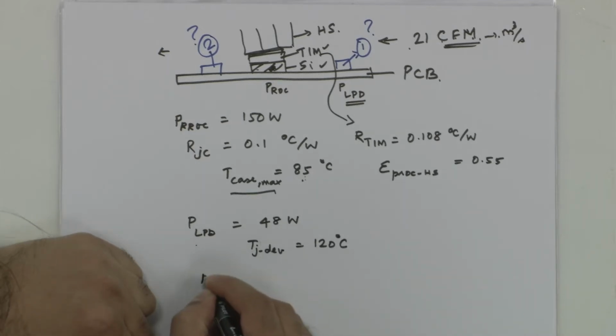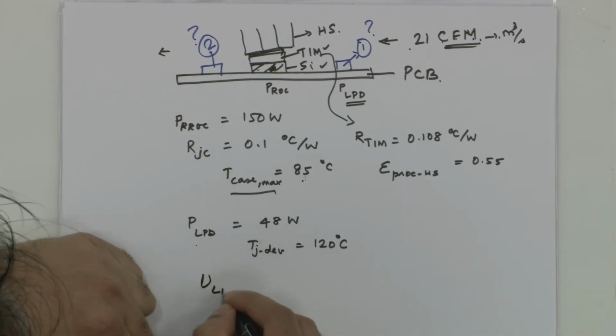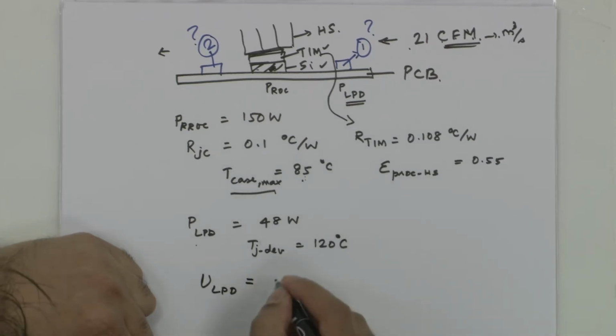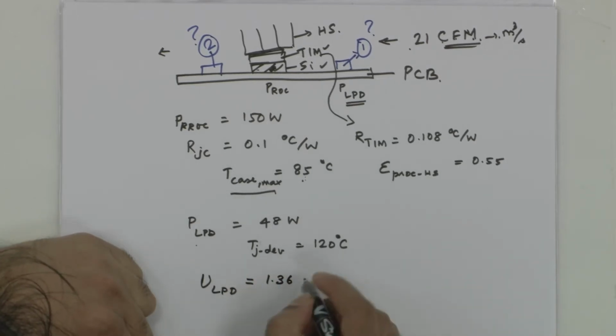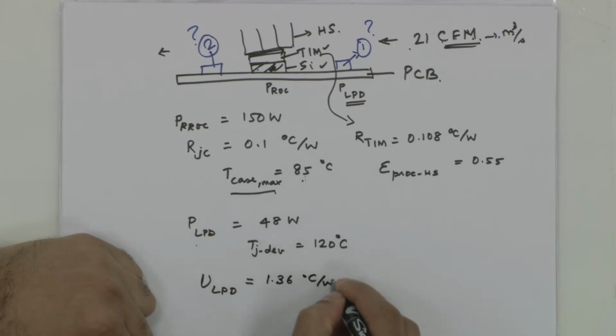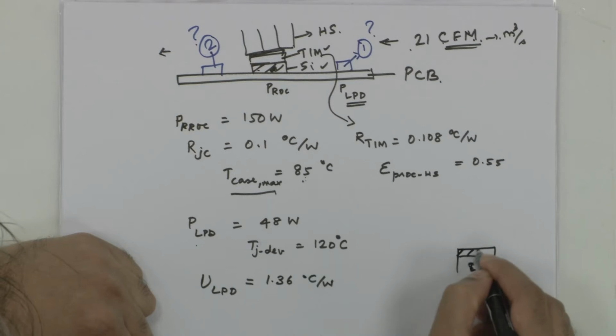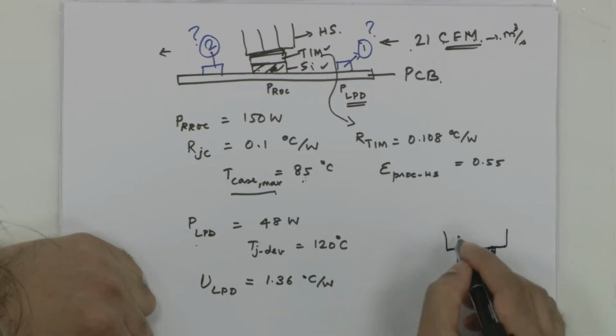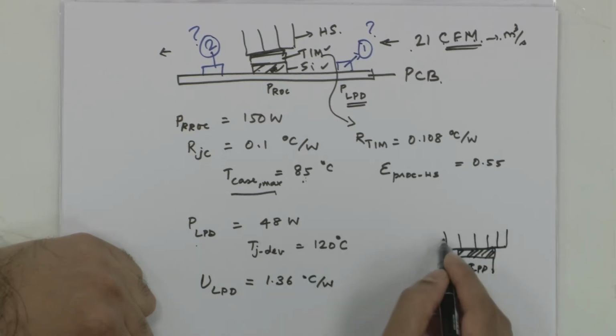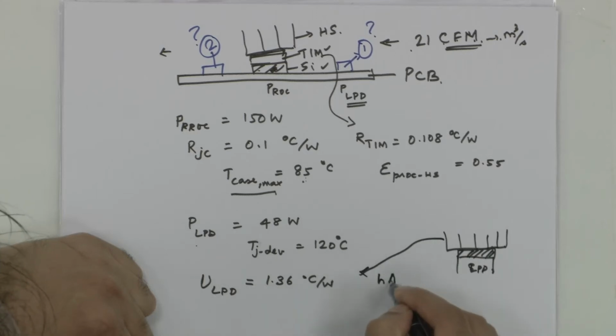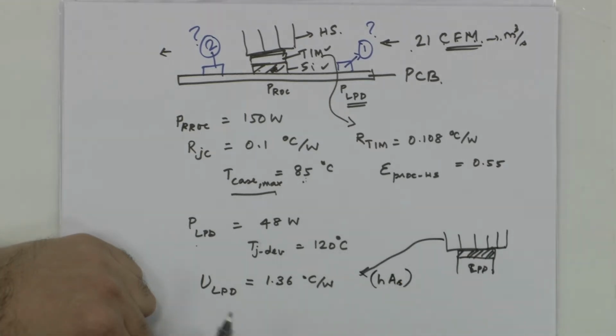And the low power device has a heat sink convective conductance, and again the thermal conductivity of its interface material. The low power device also comes with a thermal interface material and a heat sink sits on it. So, the convective conductance, which is H times A, is given as 1.36 watt per degree C.